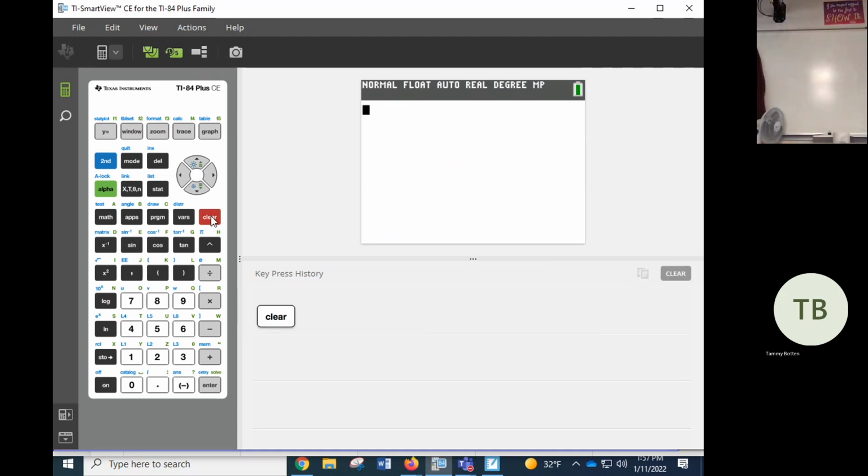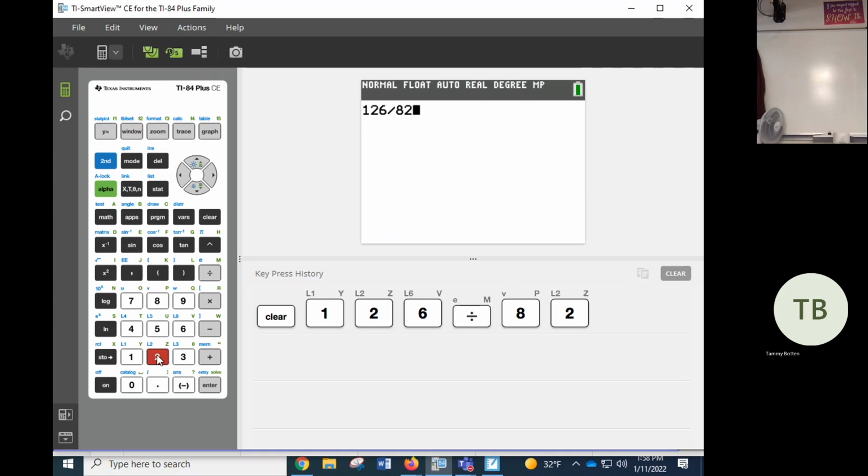So let's say that you had a fraction that you needed to reduce, say it was 126/82. You type it in here as a division problem, and then you hit math, enter, enter, and it will reduce it for you, okay?